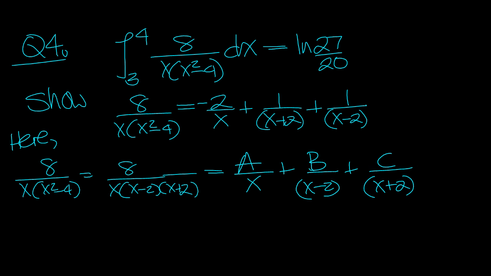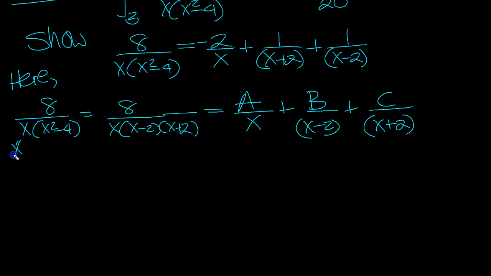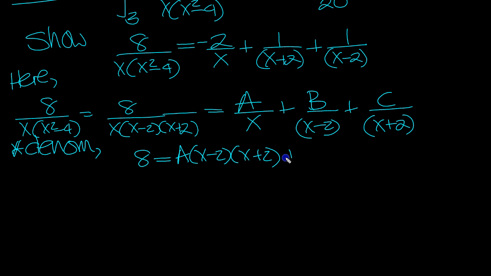So multiplied by the denominator then, and all these things underneath will go, and it's just like cross multiplying on the top, isn't it? On the left we'll get 8 is equal to a times these two plus b times the other two plus c times the other two.